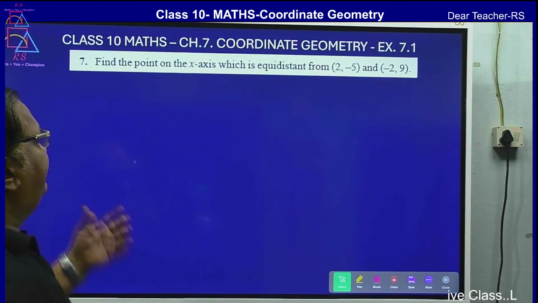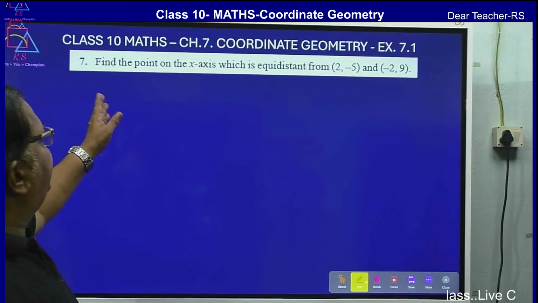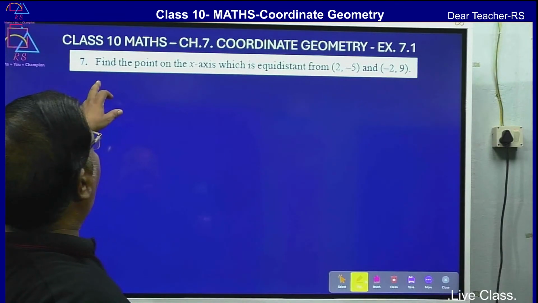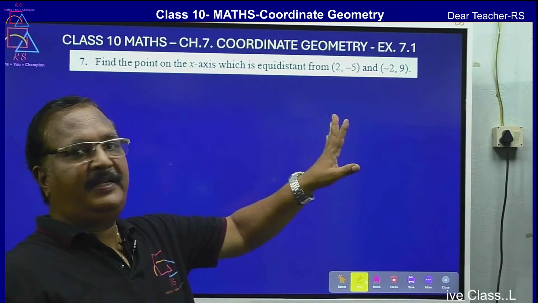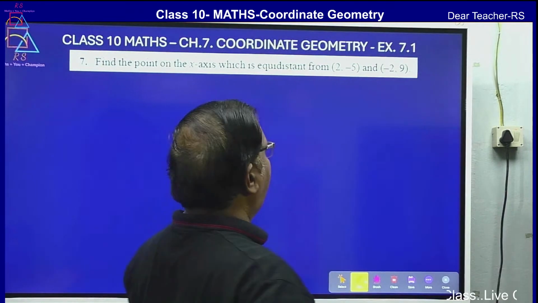This is the seventh question of exercise 7.1. So find the point on the x-axis which is equidistant from (2, -5) and (-2, 9). It's also a very, very important question. Okay.